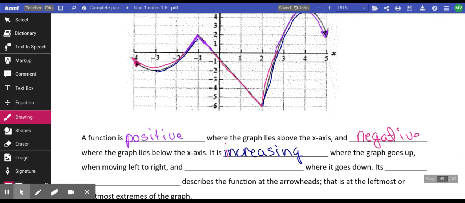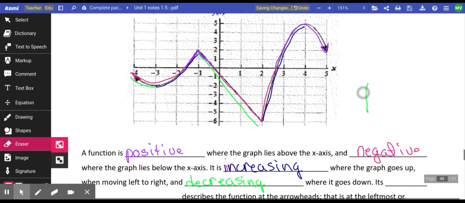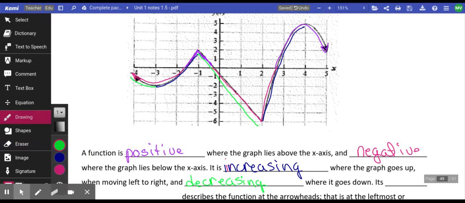And decreasing where it goes down. So where we're going down is here and here. And then at the very end, right there, decreasing here.